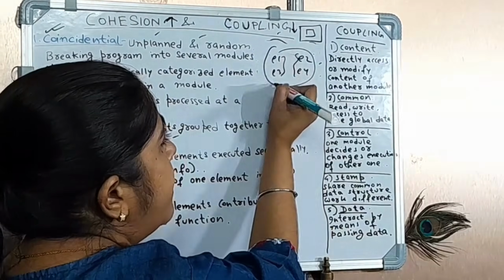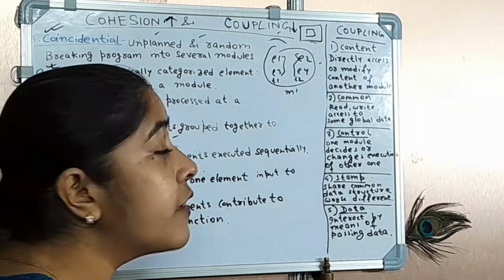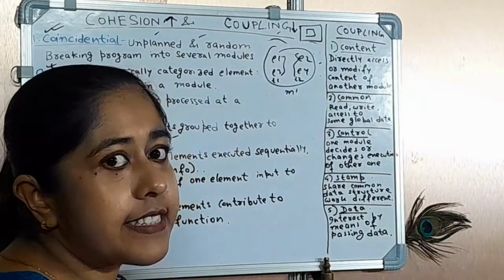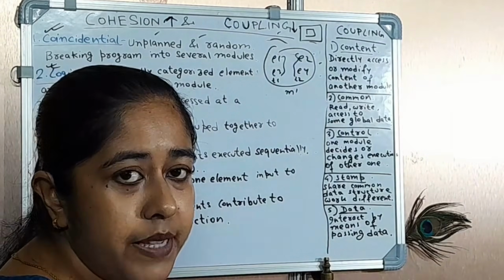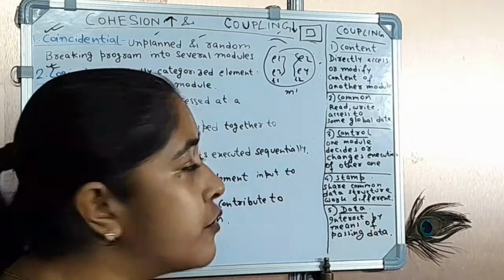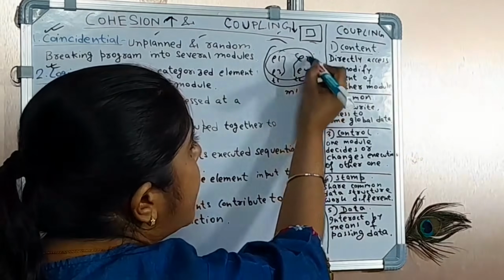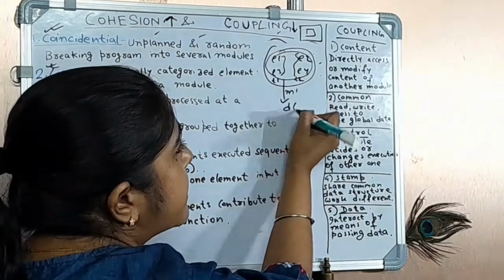They are doing T1, T2, different tasks. But what we have to see here is not the task. Same task was our procedural cohesion. Now maybe their tasks are different, but they are working on the same data set, that is D1.